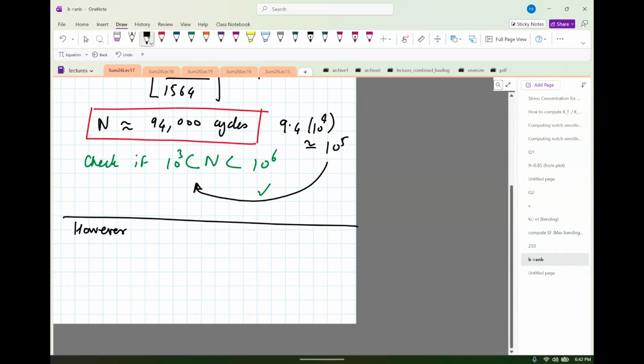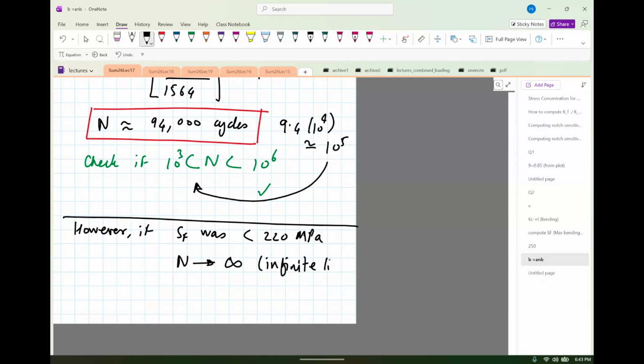You'll not even do the calculation for computing N. You'll just write N equals 10 raised to 6, or you can say N is infinity, infinite life. So do not do any calculation in that case. The moment you see SF is less than SE, immediately you know it's infinite life.